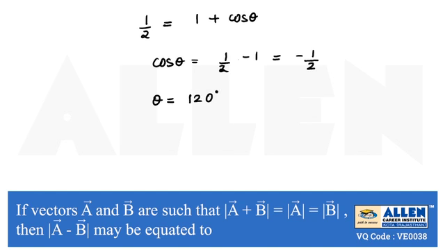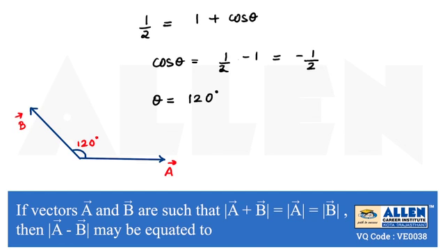So if we draw vectors which are at 120 degrees to each other, it will appear like this. So the angle between a vector and b vector is 120 degrees.